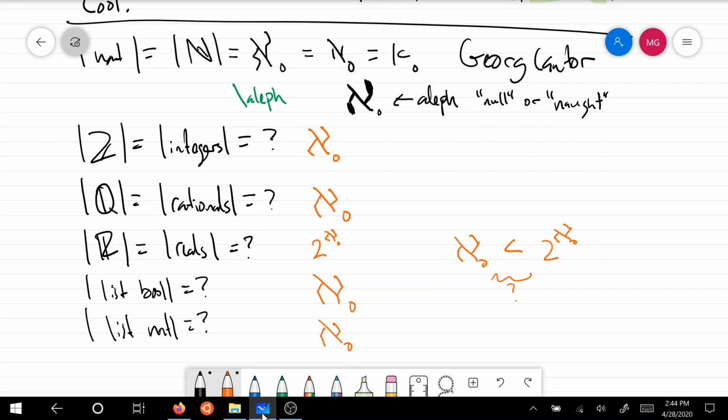We don't know the answer to this question. Saying no is the continuum hypothesis. The set of mathematics that we know about doesn't let us have an answer. So people will do math where they'll assume the continuum hypothesis, where there's nothing in between Aleph null and 2 to the Aleph null. They'll call that accordingly Aleph 1.